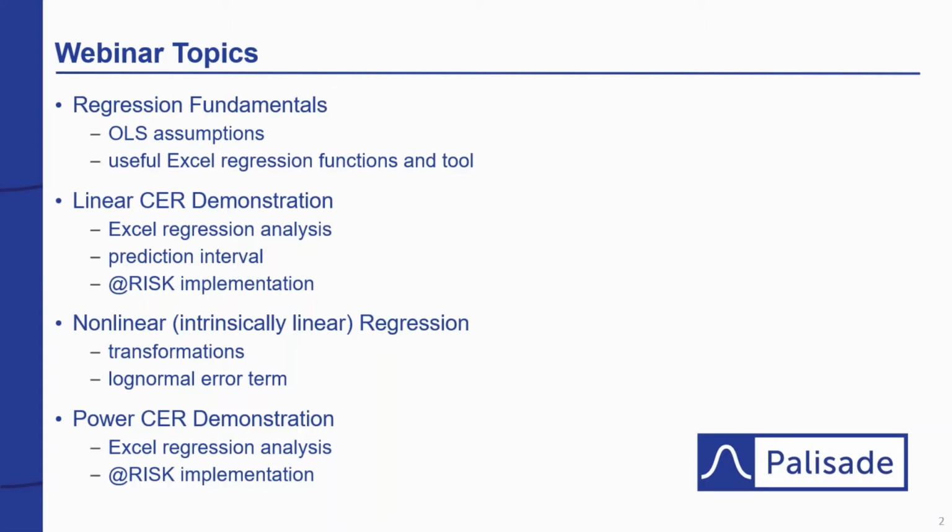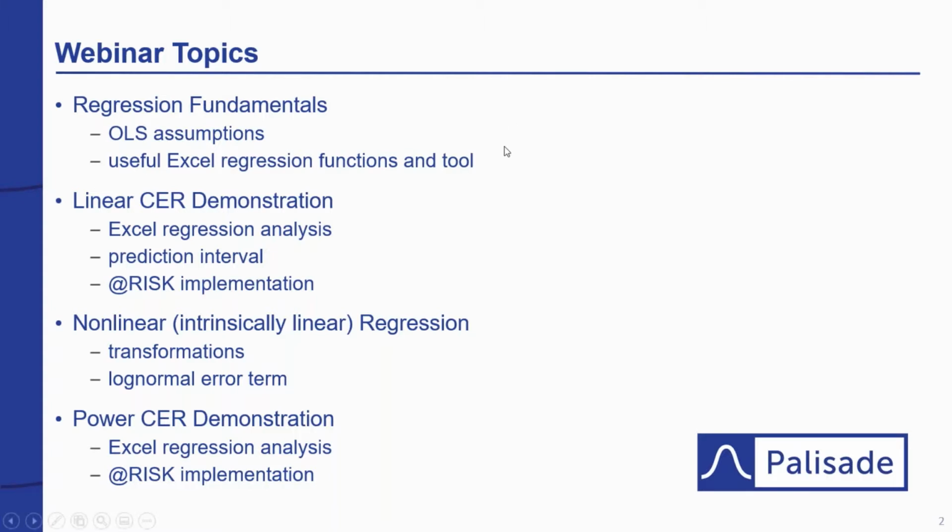Linear is additive and normal. So linear, additive, and normal. Nonlinear, these two intrinsically linears are going to have multiplicative log normal error terms. And so I want to demonstrate that as well, specifically for the power form of the intrinsically linear model, show how to implement that in at-risk as well.